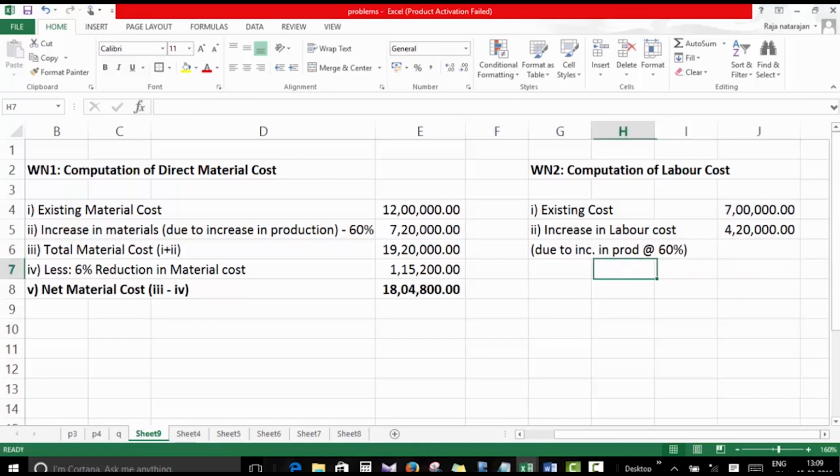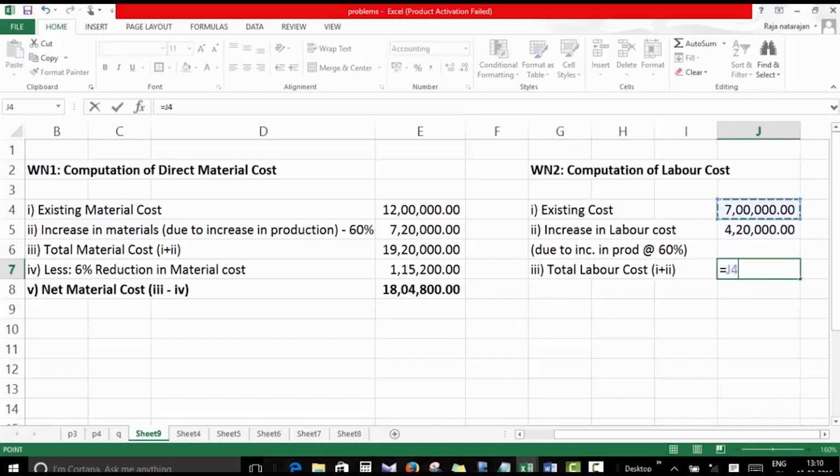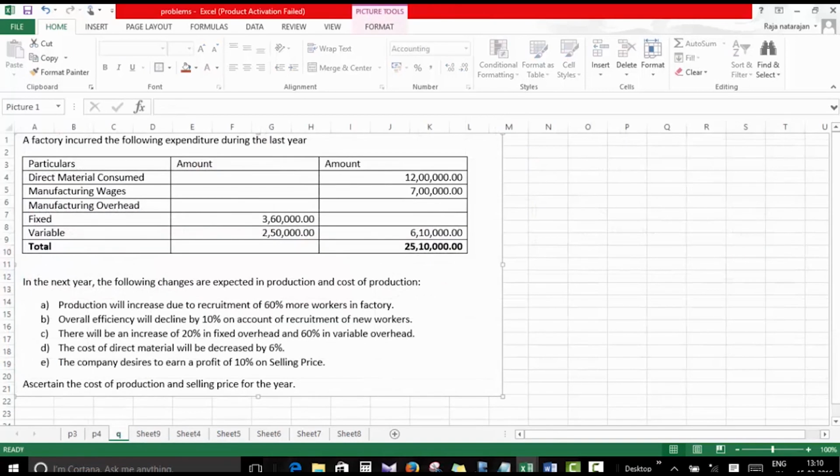Okay. Now this is going to be your total labor cost, which is 1 plus 2. But you are not going to end up only with this because there is an inefficiency now. What is the inefficiency? Overall efficiency will decline by 10% on account of recruitment of new workers.